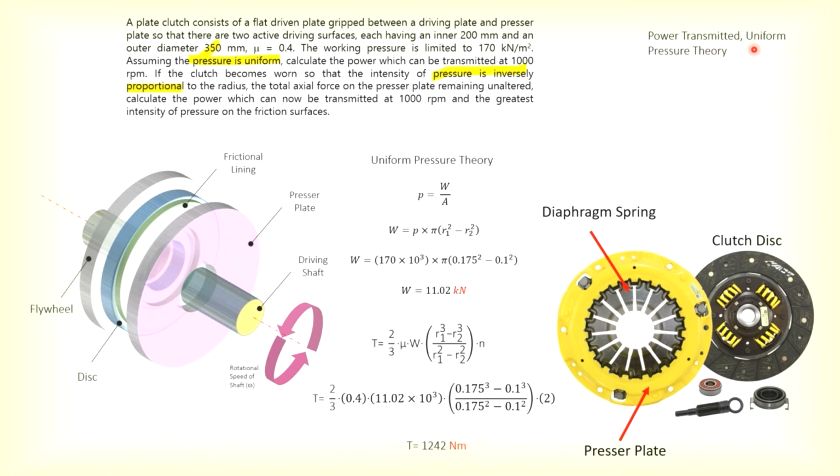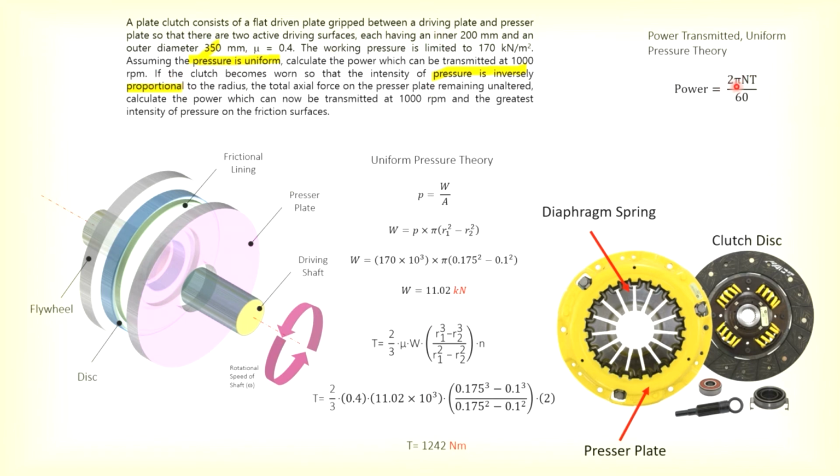Then power transmitted under uniform pressure theory. We know that for rotary motion, for objects moving in a circular path, power transmission is usually given by torque times angular speed. The angular speed is in radians per second, but what they have given here is in RPM.